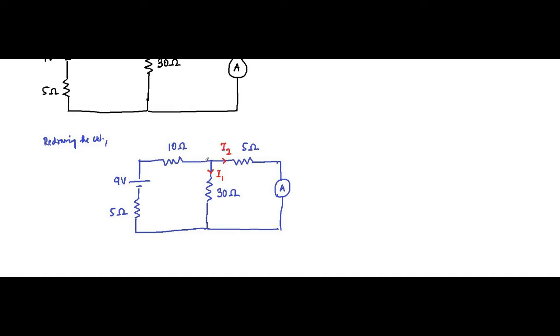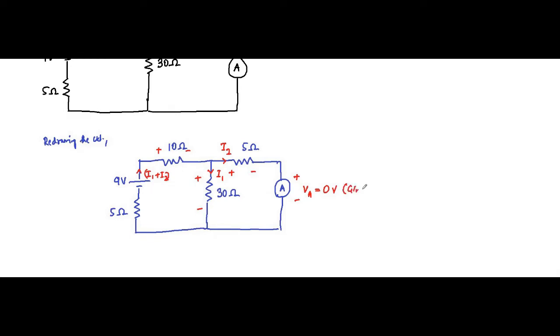Here if we apply KCL, the current supplied by this 9 volt will become I1 plus I2. Polarity will be like this, plus minus. Here I1 flows through 30 ohm in this way, plus minus. This is plus minus. And let's say the voltage drop is VA, which is equal to 0 volt, given.